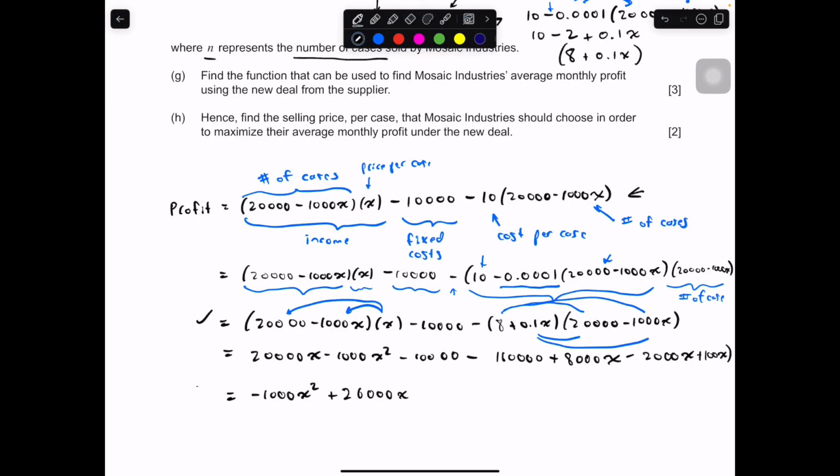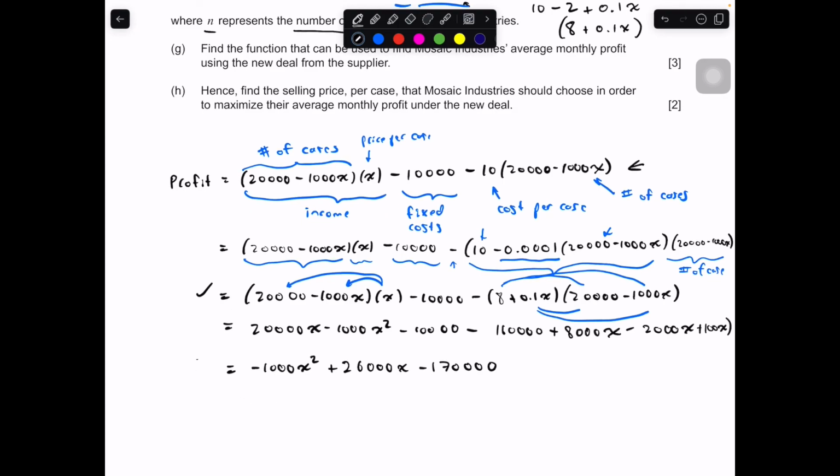And the last little bit, negative 16,000 plus 10,000 would be negative 170,000. All right. To find the maximum selling price under the new deal, this is our profit. Let's graph this function and solve.